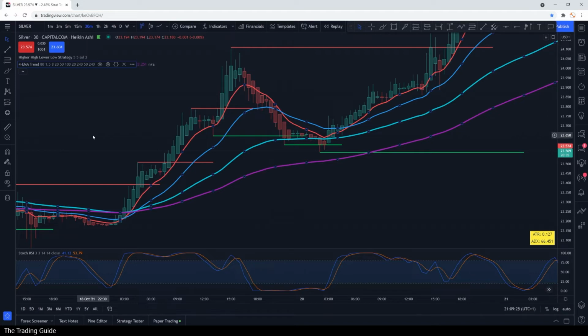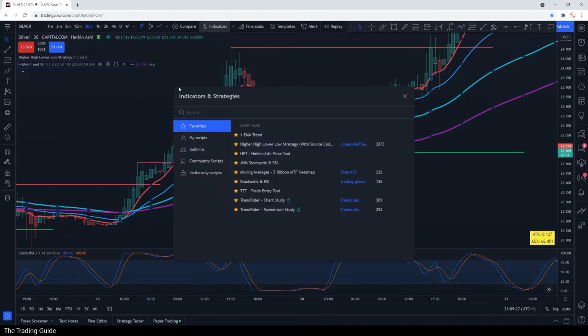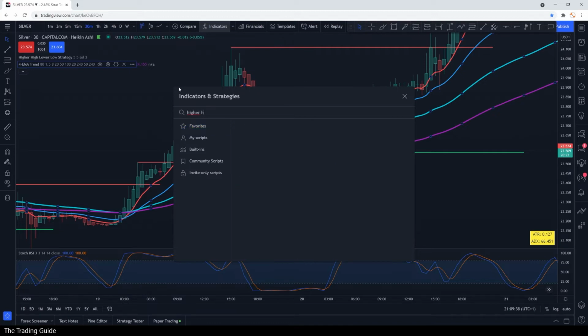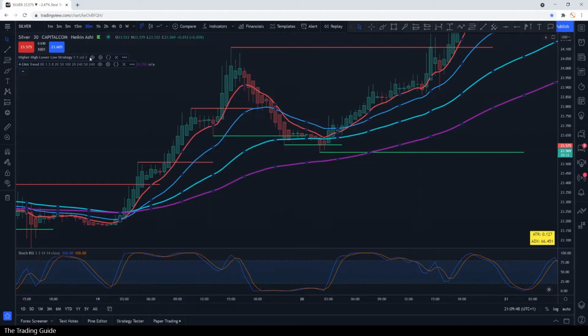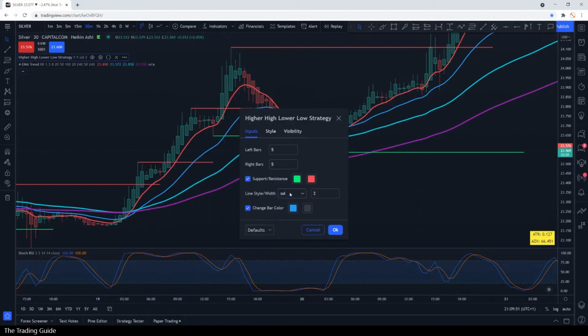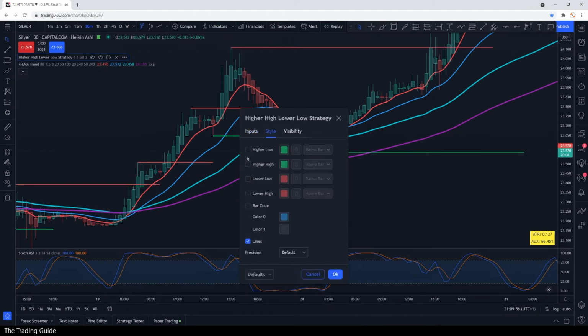You find the indicators when you click on Indicators, and then you search, for example here, the higher high, lower lows. This one here. I set the line style to solid, and for the styles I disabled everything except the lines to see the lows and the highs.